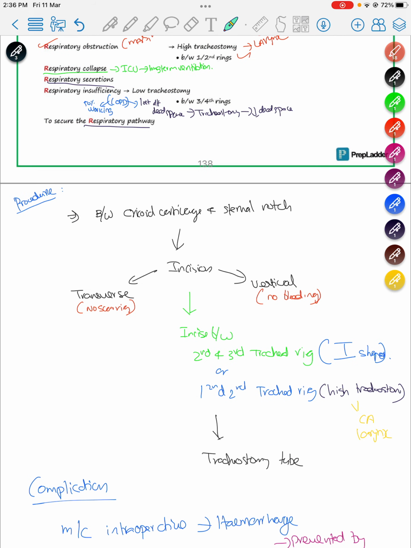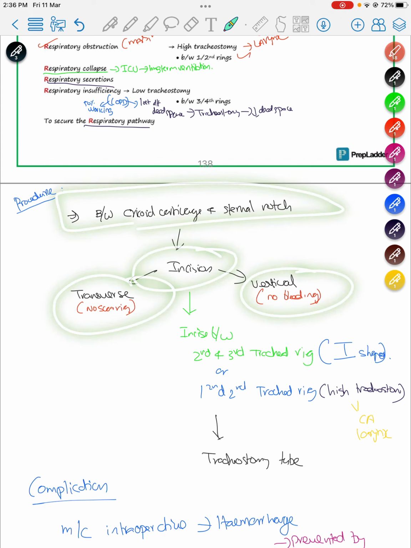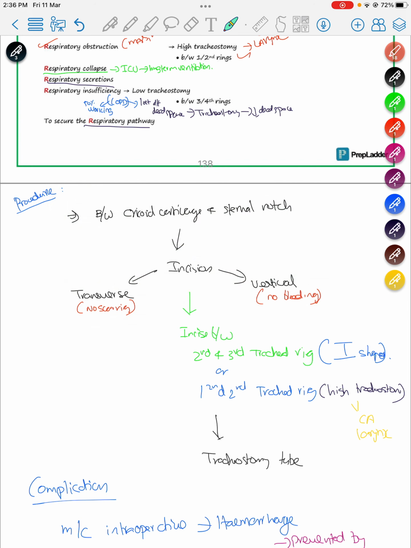Procedure: between the cricoid cartilage and sternal notch, you should make an incision. It may be transverse or vertical. Usually in an emergency procedure, the vertical is done, as it produces less bleeding; if not an emergency, it can be transverse. Then between the second and third tracheal rings, you should make an H-shaped incision.